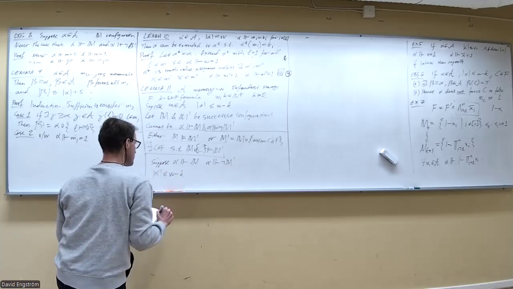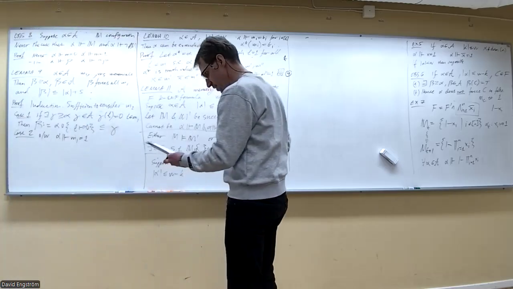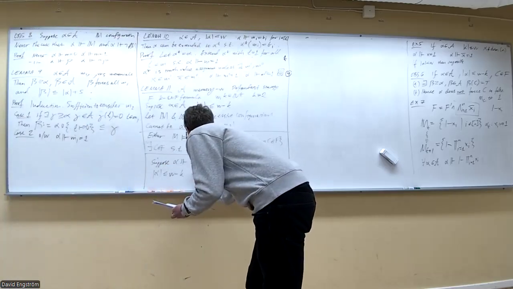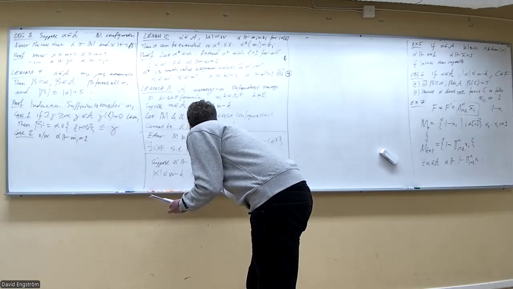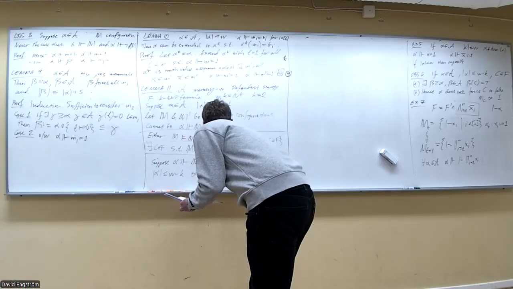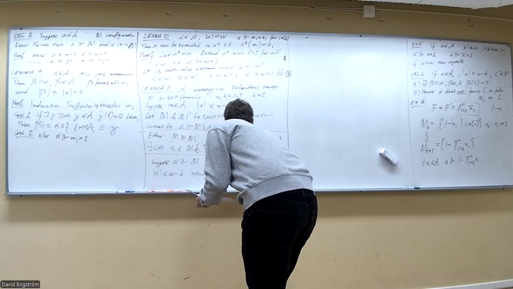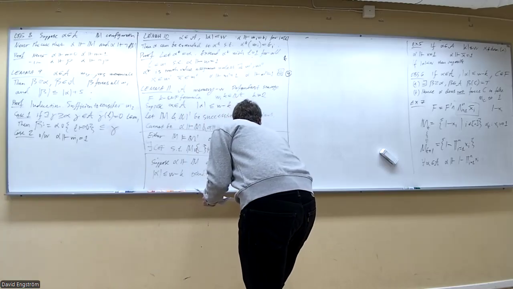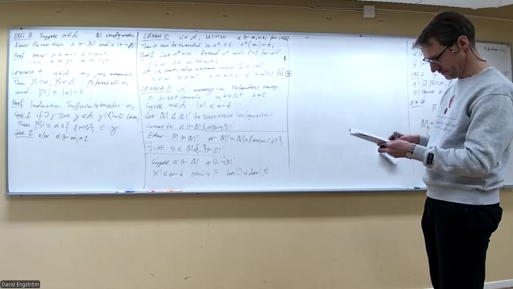Now, since alpha has size at most W minus K, we extend to a beta such that all variables of C are in the domain of beta.